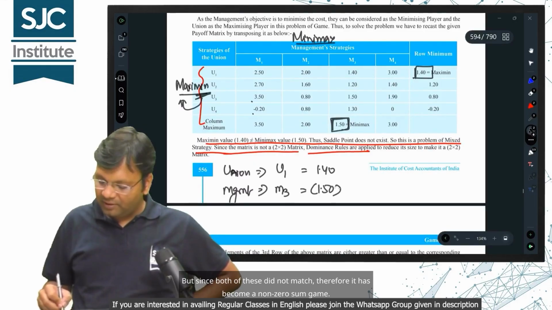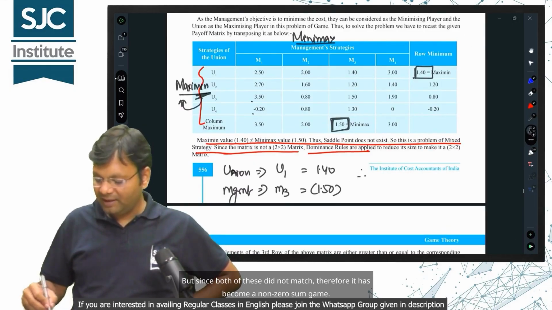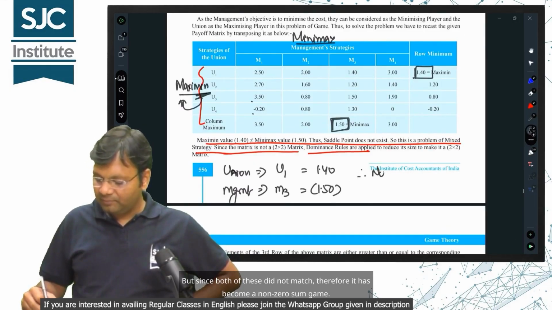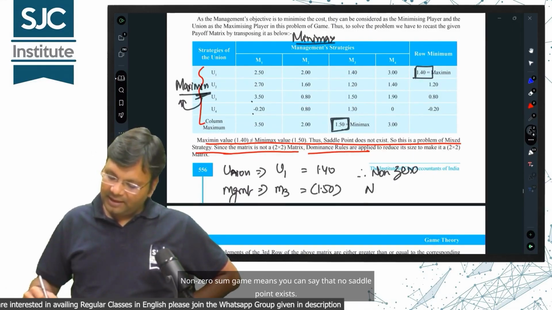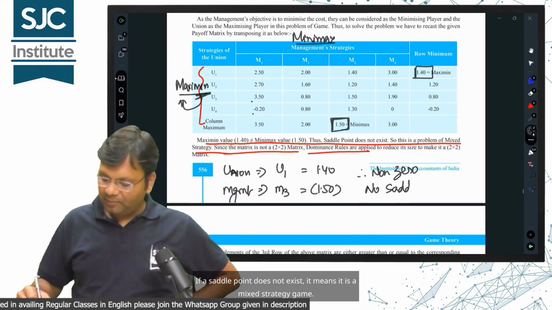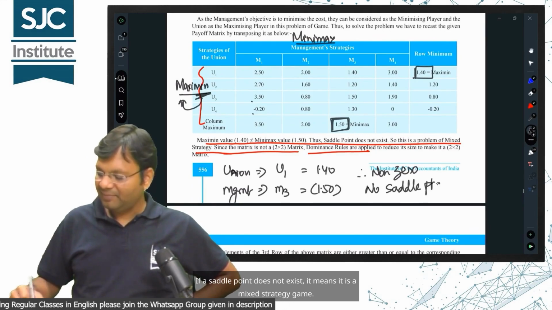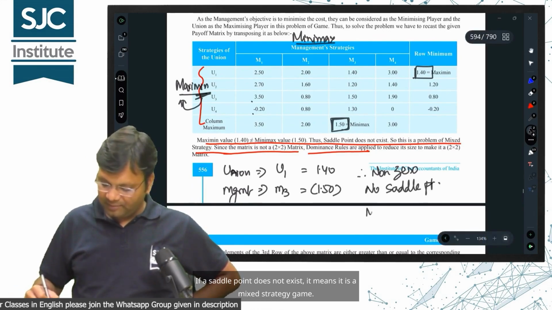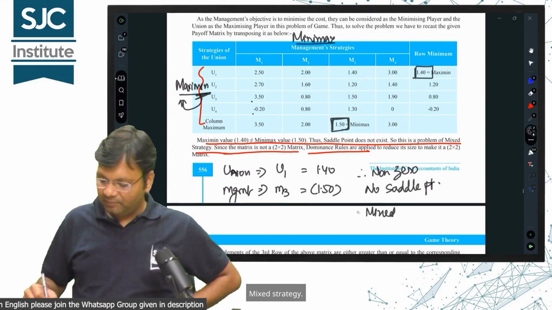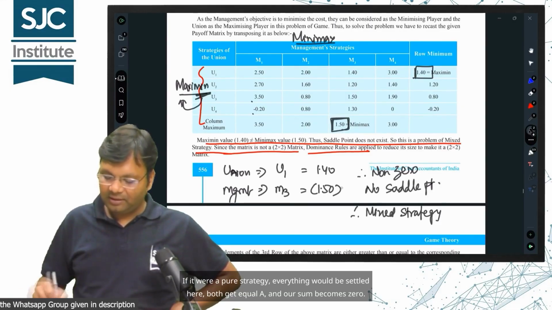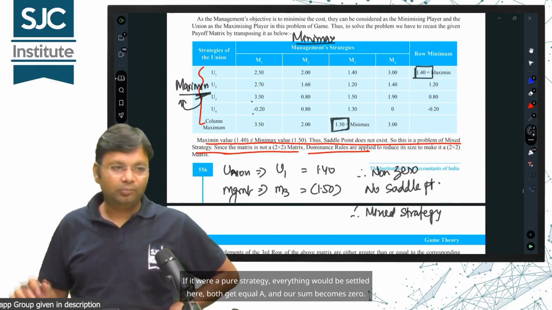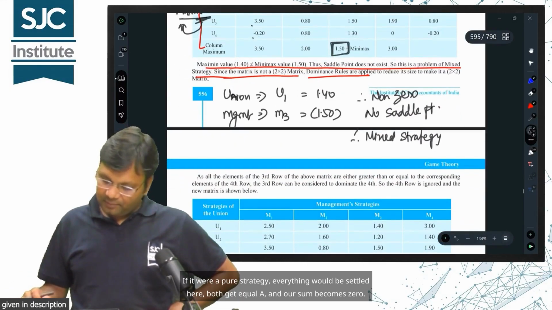But since both of these did not match, therefore it has become a non-zero sum game. Non-zero sum game means you can say that no saddle point exists. If a saddle point does not exist, it means it is a mixed strategy game. Which game is this? Mixed strategy. It is not a pure strategy. If it were a pure strategy, everything would be settled here, both get equal values, and our sum becomes 0.